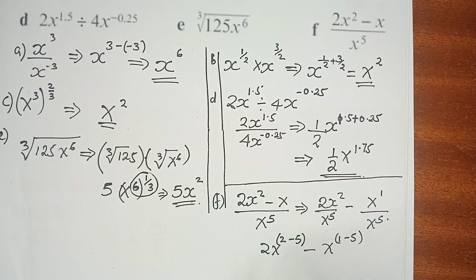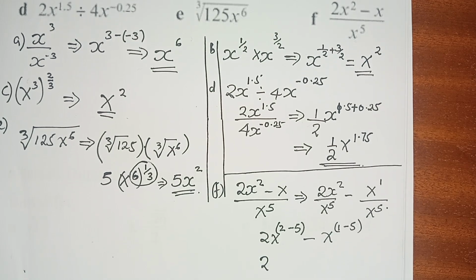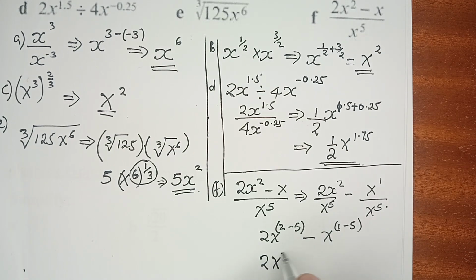So eventually we have 2 x raised to power minus 3, because 2 minus 5 is simply minus 3. Subtract now x raised to power 1 minus 5, which is negative 4. And there is nothing we can do about that.